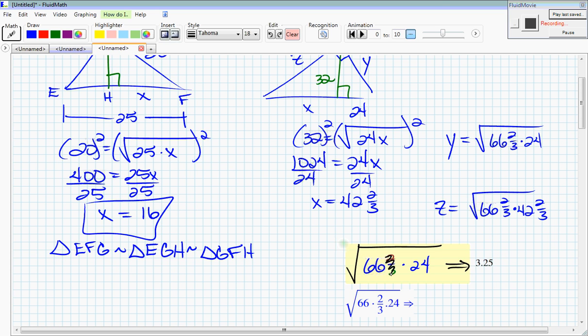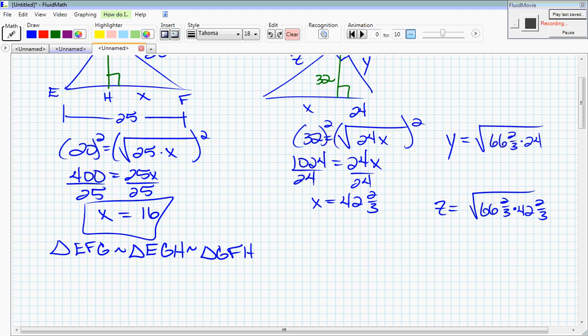It shouldn't be multiplication there, should it? It should be plus 2/3 times 24. And we get 9.055 approximately. Order of operations is all screwed up there, isn't it? Alright, sorry about that. Make sure we get this right.